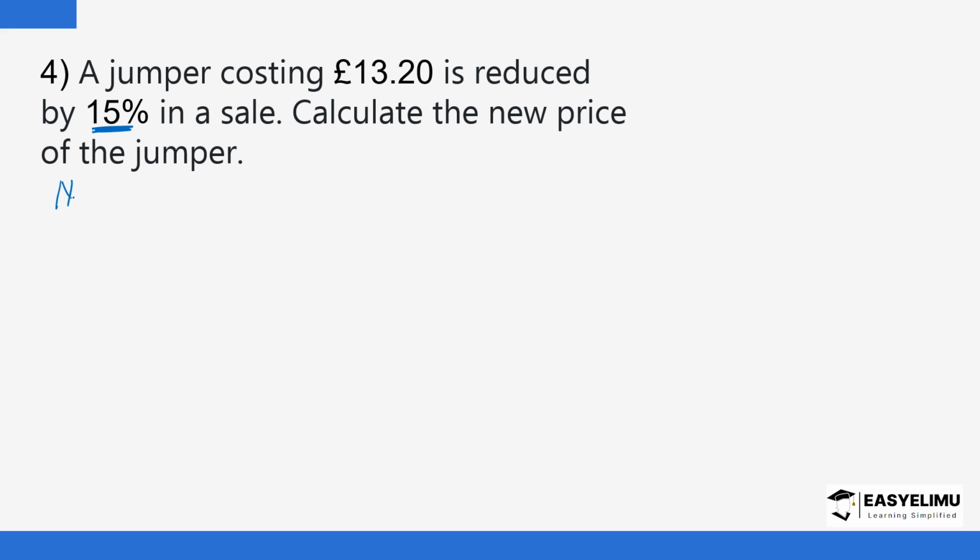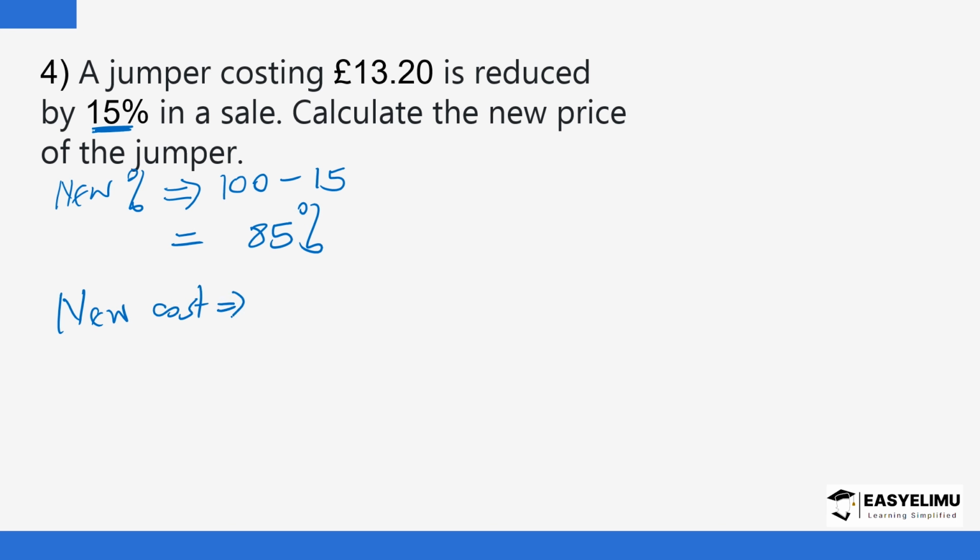So maybe you indicate new percentage. That is going to be total 100. We subtract 15, and that is going to be 85%. Then we have new value or new cost.